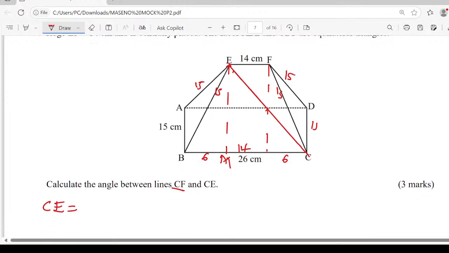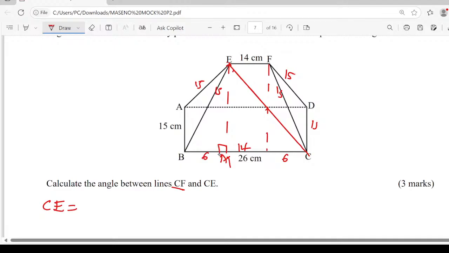To get that line M, this is obviously 90 degrees. Let me first start by getting the line EM. You've seen my M, how I've located it. So let me get EM first. This is given by 15 squared minus 6 squared, then you square root.